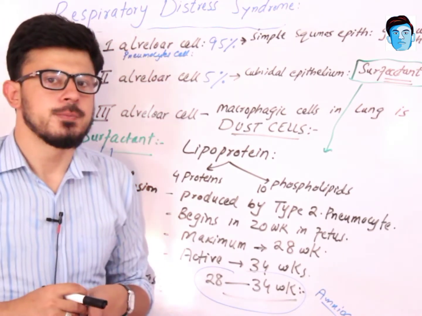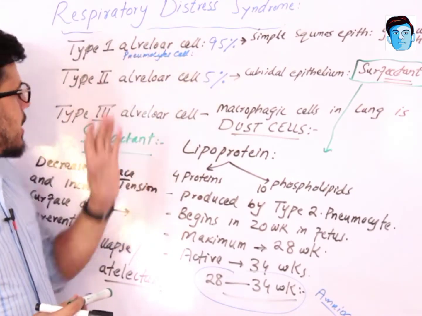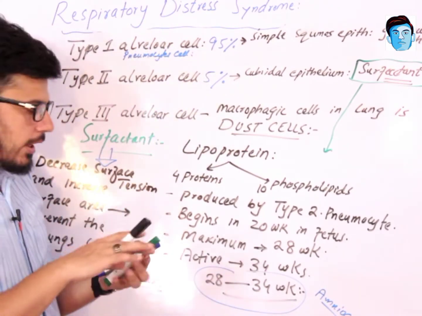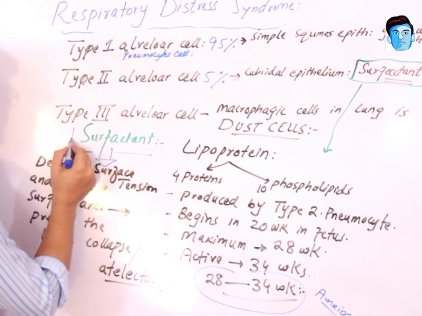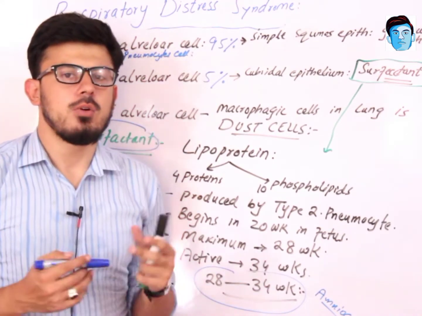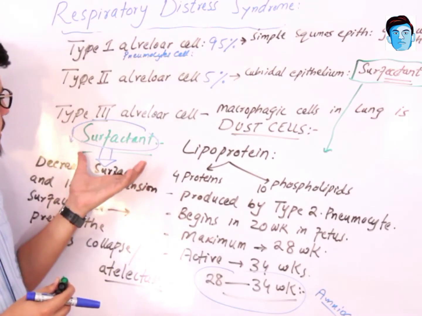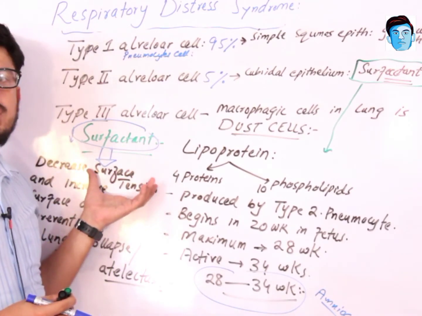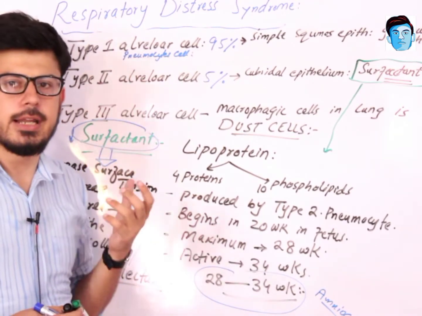So just imagine, in this disorder there is deficiency of surfactant. If the level of surfactant decreases, what is the consequence? The surface tension will increase and the surface area will decrease.